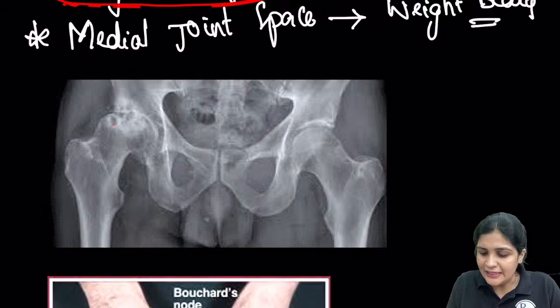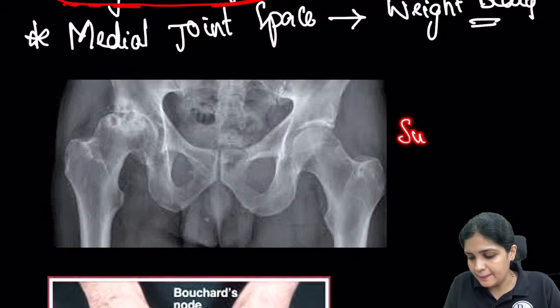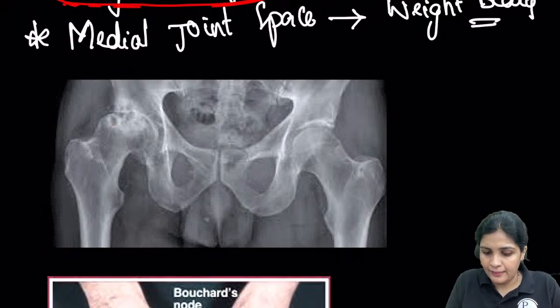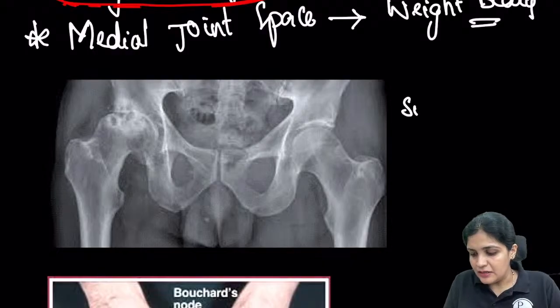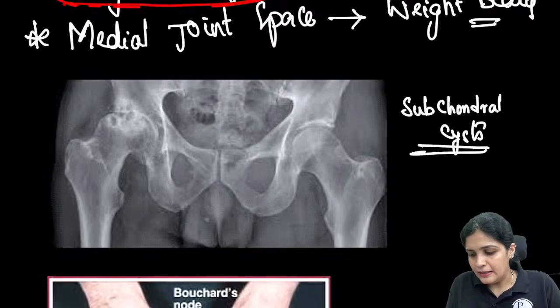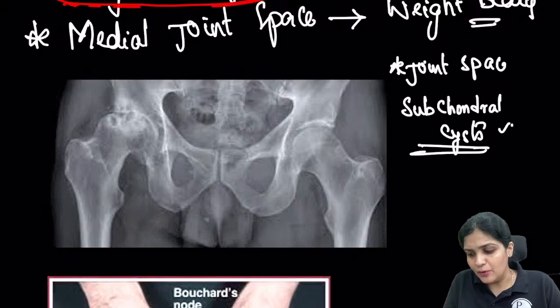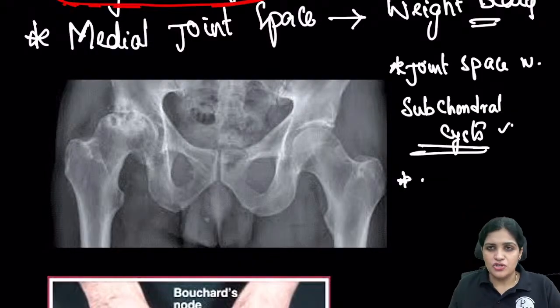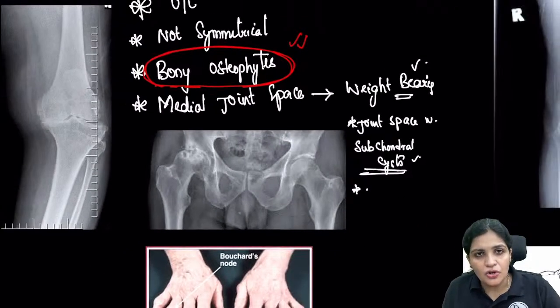So you can see these are the subchondral cysts. So there will be a joint space narrowing and presence of subchondral cysts and presence of your osteophytes. So that is about your osteoarthritis.